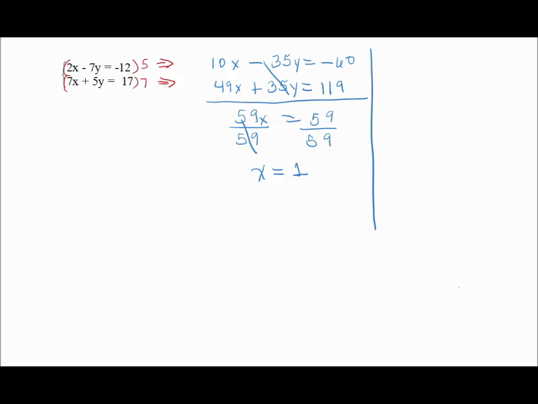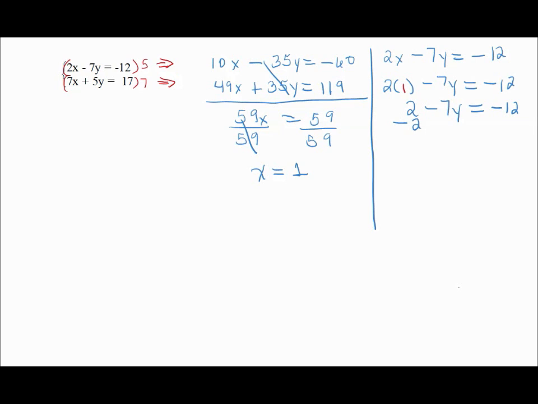Now, once again, same old, same old. I'll use one of my original equations, and I'll substitute the value for x, which is 1, to solve for y. Okay, 2 times 1 is simply 2, minus 7y is equal to negative 12. I'll subtract 12 from both sides.